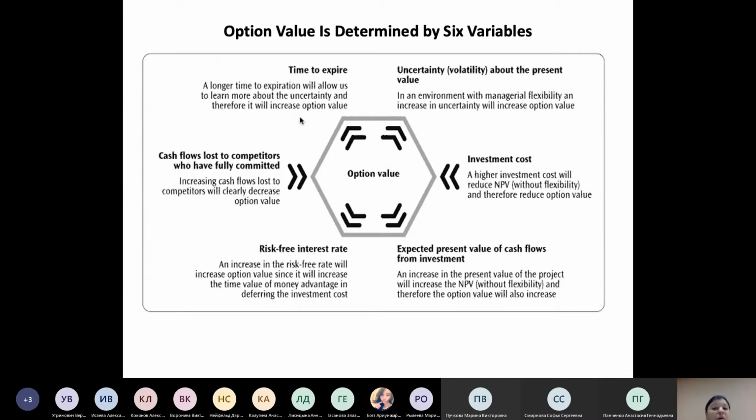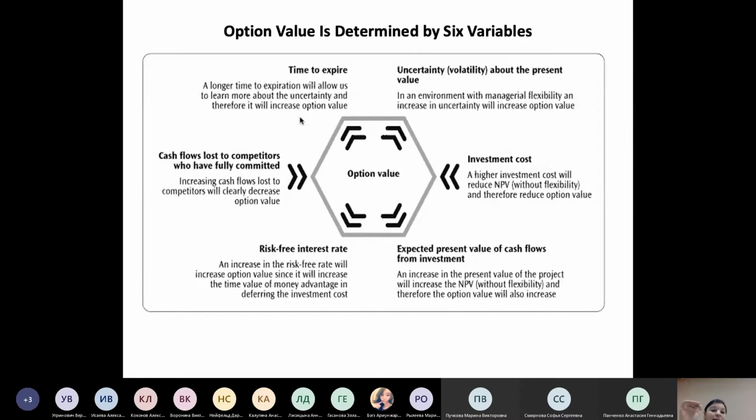Our investment cost, as I said earlier, is the strike price for the option, and the risk rate is the same as the alternative. On the one hand, it is the alternative deposit, alternative investments. On the other hand, it is the measure of risk in the market.